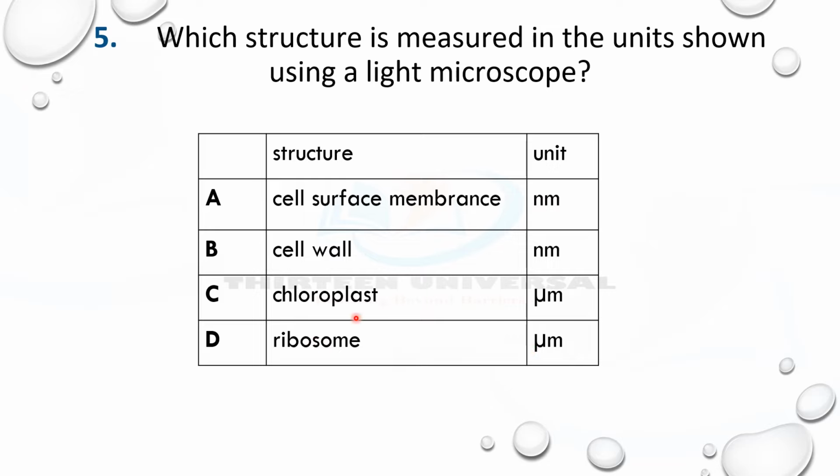It can only see chloroplast, and because chloroplast is a bigger organelle, we measure it using micrometers. The unit for the others is not wrong, but you cannot measure them using a light microscope because they are not well resolved. Neither can you use a light microscope to see ribosomes, but it can be used to see chloroplast, and that's the unit. That is why the answer is C.